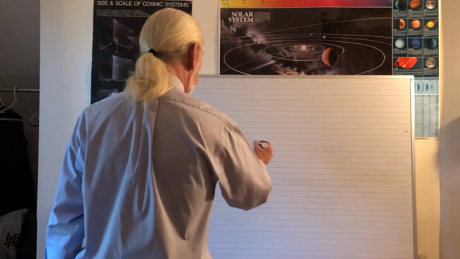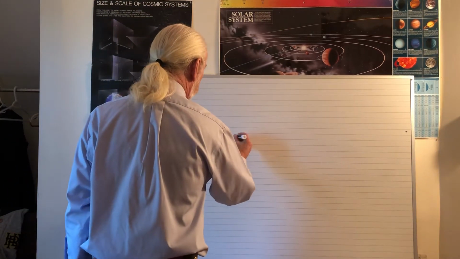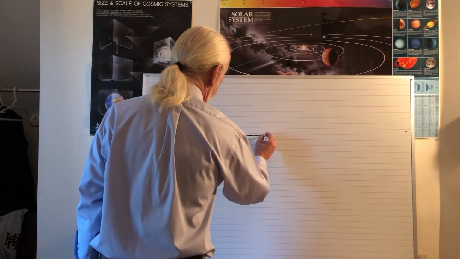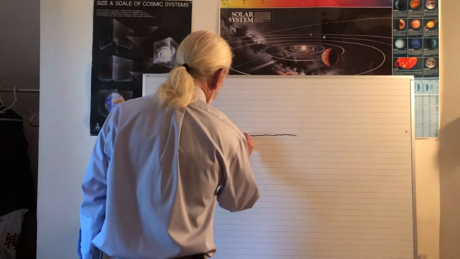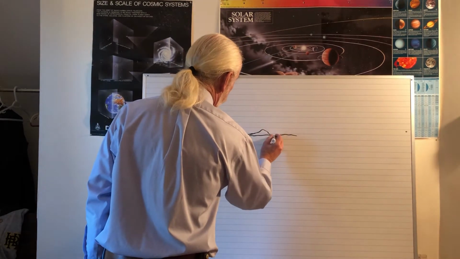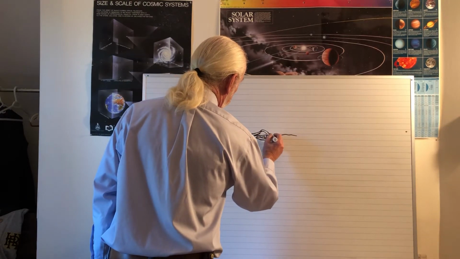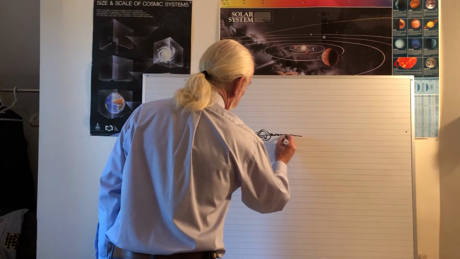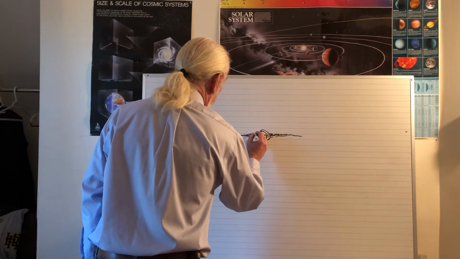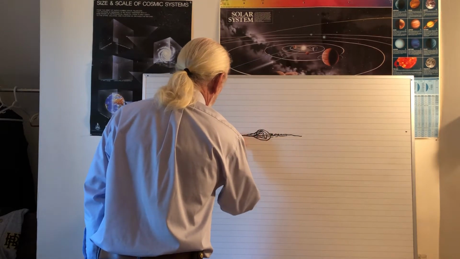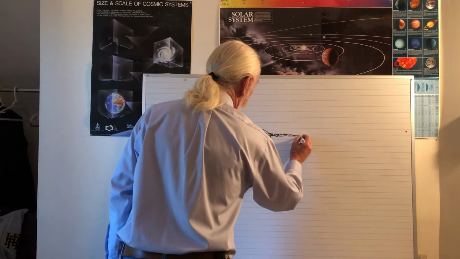All right, so let's say that we're looking at a spiral galaxy edge on. All right, and so they kind of bulge up toward the center. So here's the spiral galaxy.